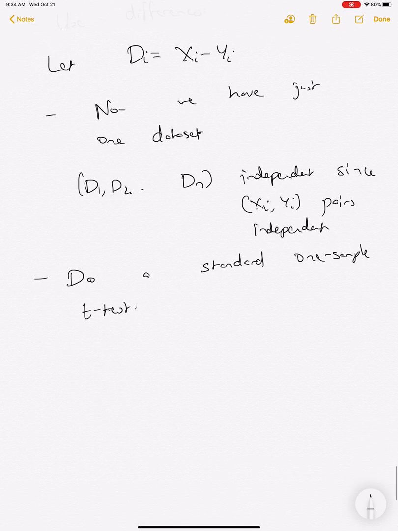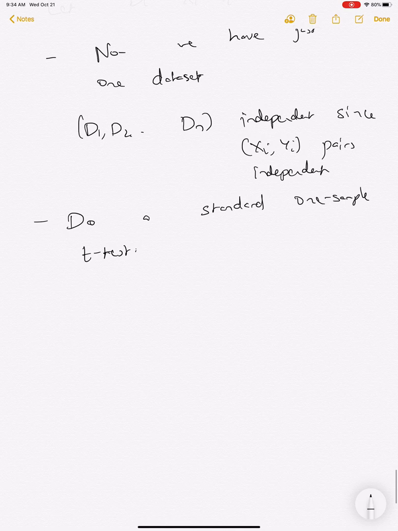So we have that mu d, which is equal to mu x minus mu y. That's the difference. We now just have one H naught, that mu d is equal to 0, and then we have the various alternatives.